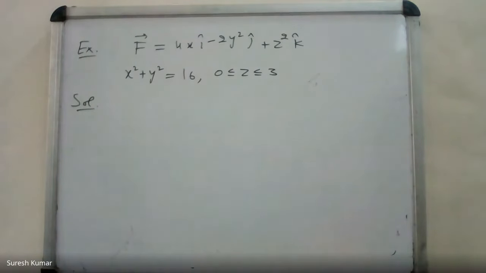So we need to find the outward flux across this curved surface of the cylinder.